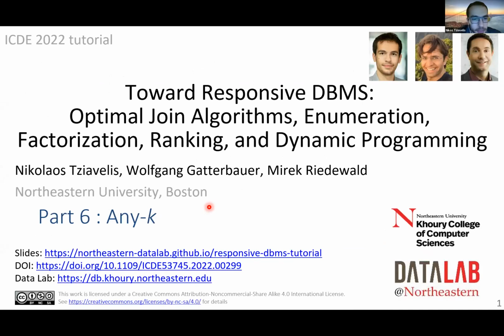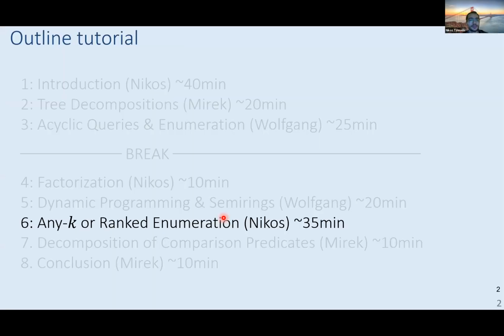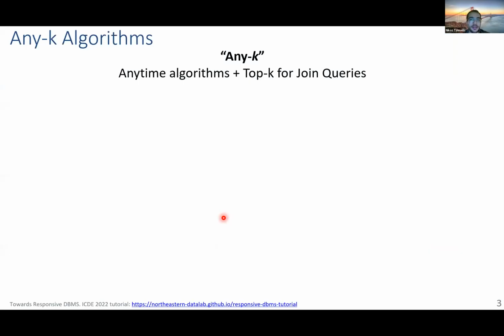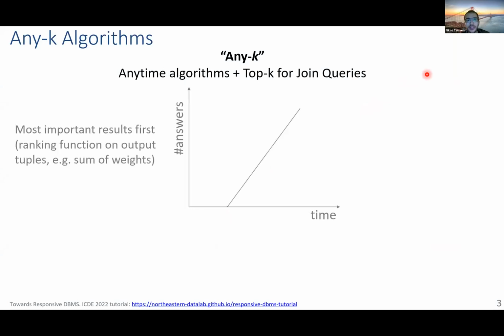So we continue with the next part, which is Anyk, or ranked enumeration. The term Anyk comes from anytime algorithms that improve the quality of the results as they go, and from top-k, which is a paradigm that has been explored a lot for join queries.